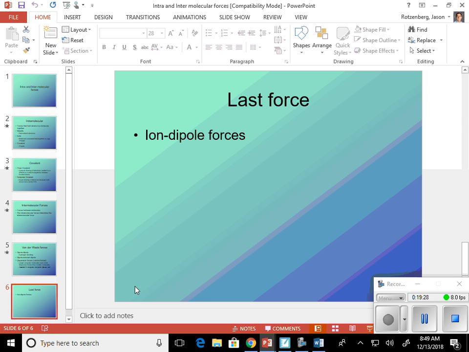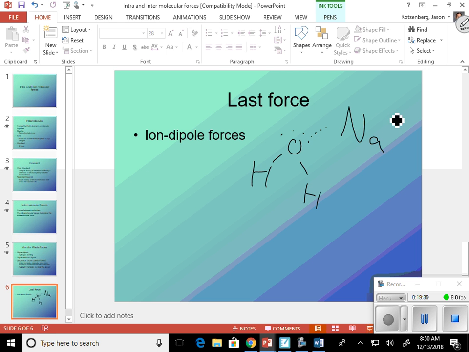And we've gone over that before. So if you have water, it would be attracted to an Na+, and then the Cl- could be attracted to a neighboring water. That attraction in dissolving is referred to as ion dipole.